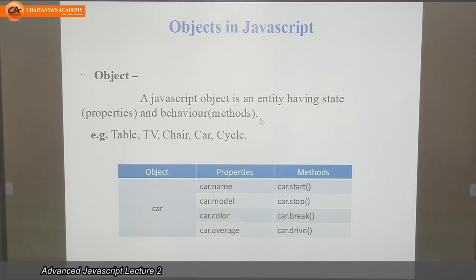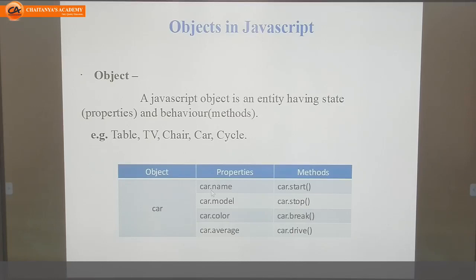And why are we discussing objects? Because JavaScript is an object oriented language. If we want to access properties and methods, for that purpose we use this operator, the full stop symbol, the dot symbol.